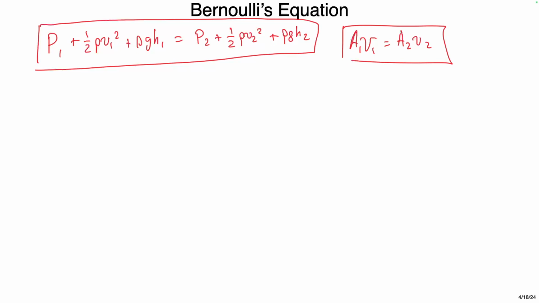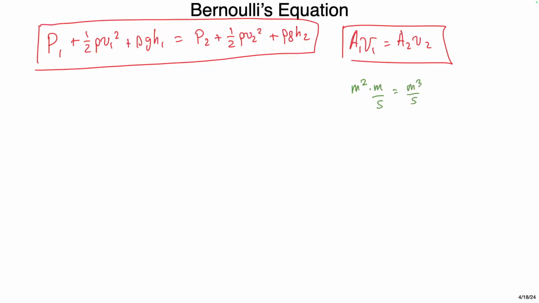See how there's areas on there? The bigger the cross-sectional area, the slower the water will be moving. We've got to keep the amount of water flowing per minute, the volume. This is a volume flow rate equation because area has units of meters squared, and velocity has units of meters per second, and that's the same as a cubic meter per second.